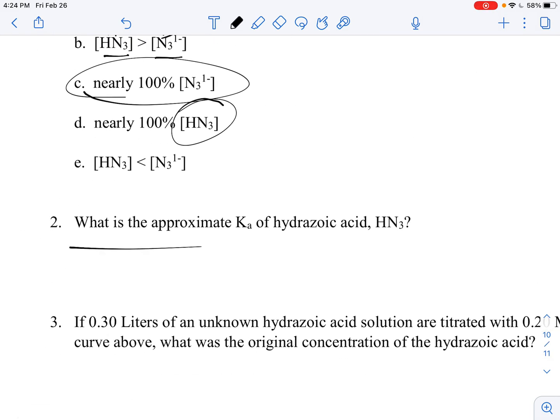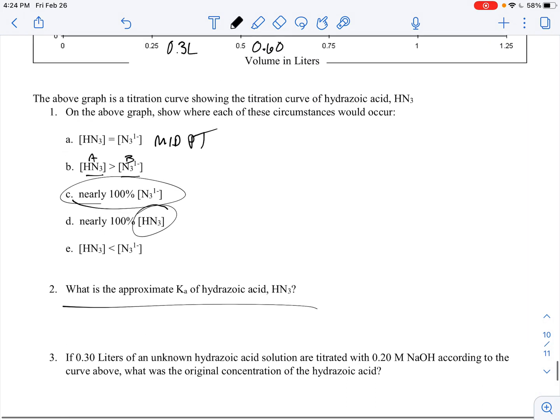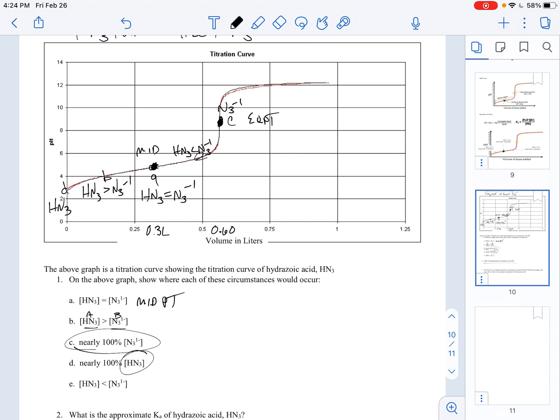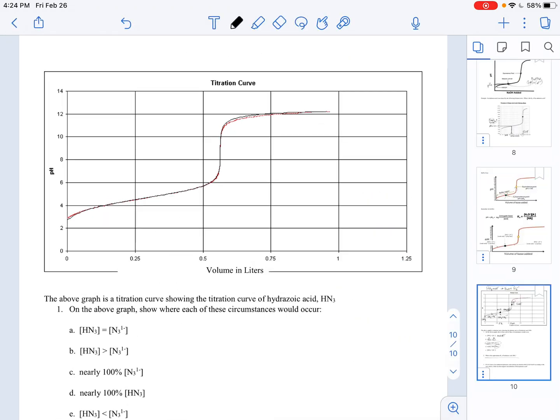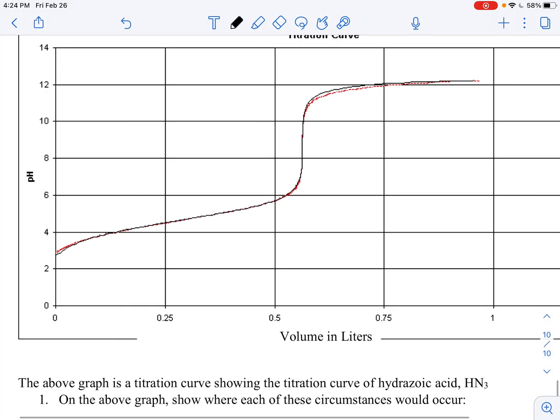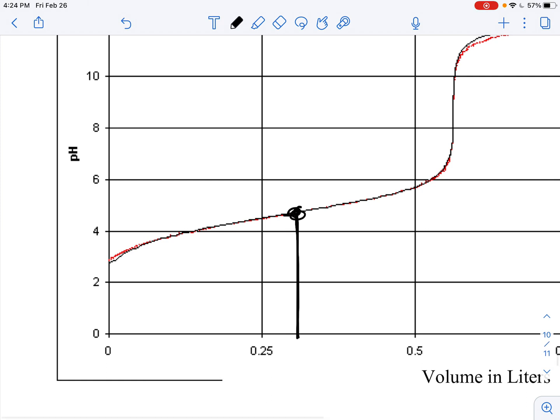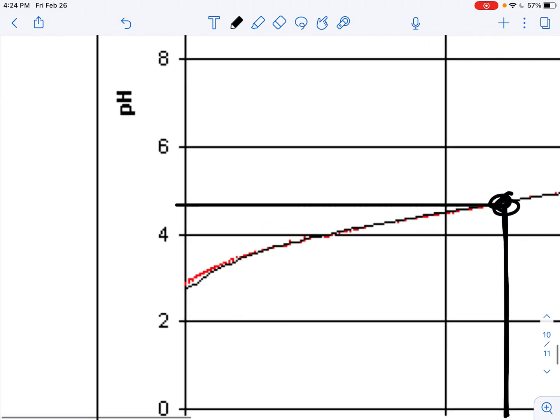All right. Number 2 says, what's the approximate Ka of hydrazoic acid? That's easy. All I've got to do for that is find the midpoint. So we said that the midpoint is around 0.3, which is around there. Now what do I do? I take that and I go over to about right there. What are we going to call that? About 4.5.